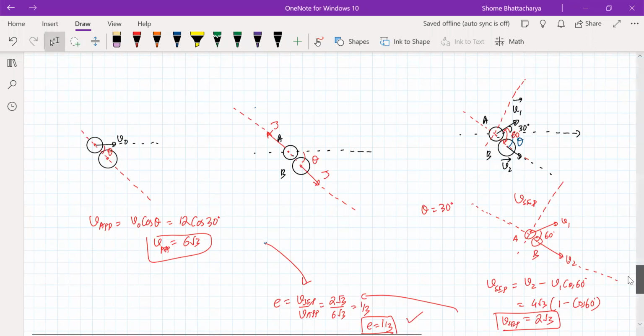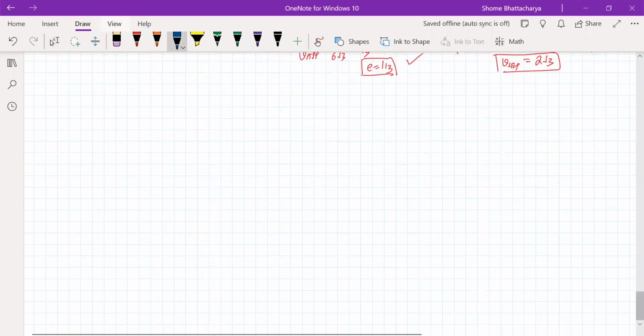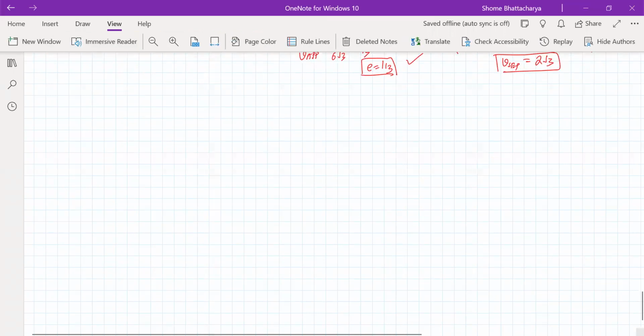Now we will come to one very important theorem related to oblique collisions of this type.